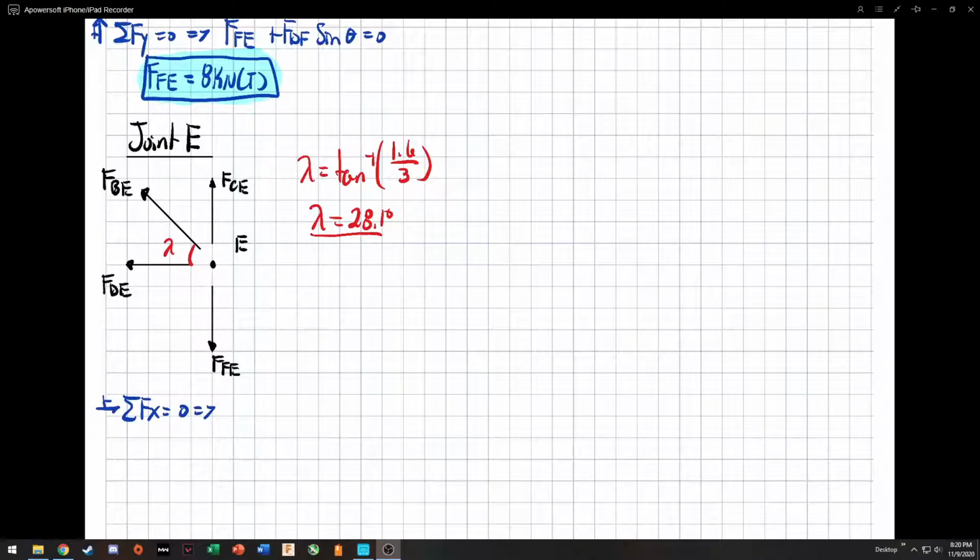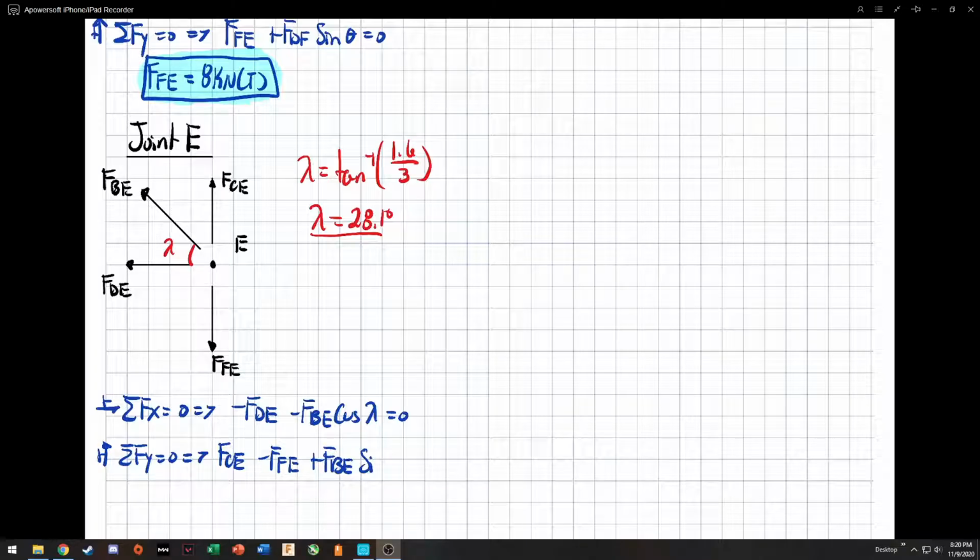Sum of forces in the x, positive to the right. We have negative force DE minus force BE cosine lambda equal to 0. Now the sum of forces in the y direction, positive in the up direction. We have force CE minus force FE plus force BE sine of lambda is equal to 0.